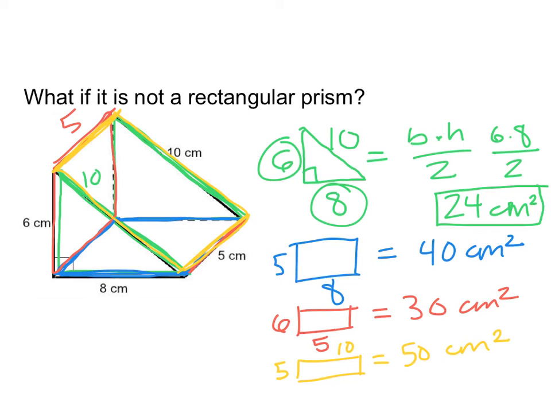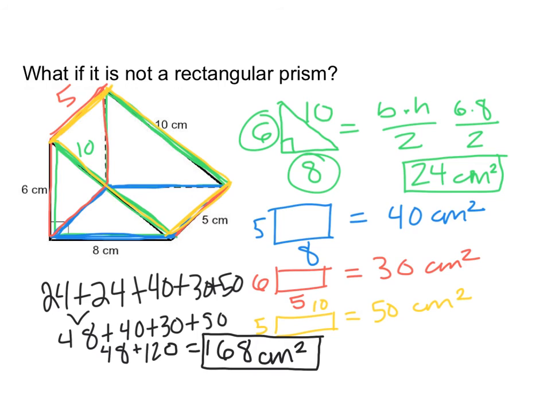So now I need to add them all together. I've got two 24 centimeter ones. Those are the triangles. And then my 40 centimeters and my 30 and my 50. All right, so that gives me a total of 168 centimeters squared. So notice what I did there.